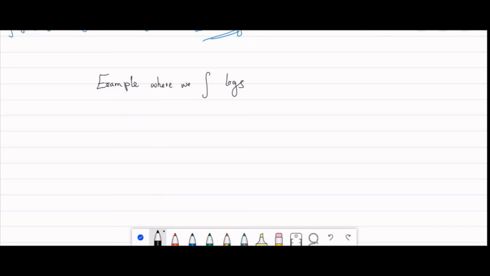So now we said that if I have f prime of x over f of x, then I can say ln of f of x plus c.